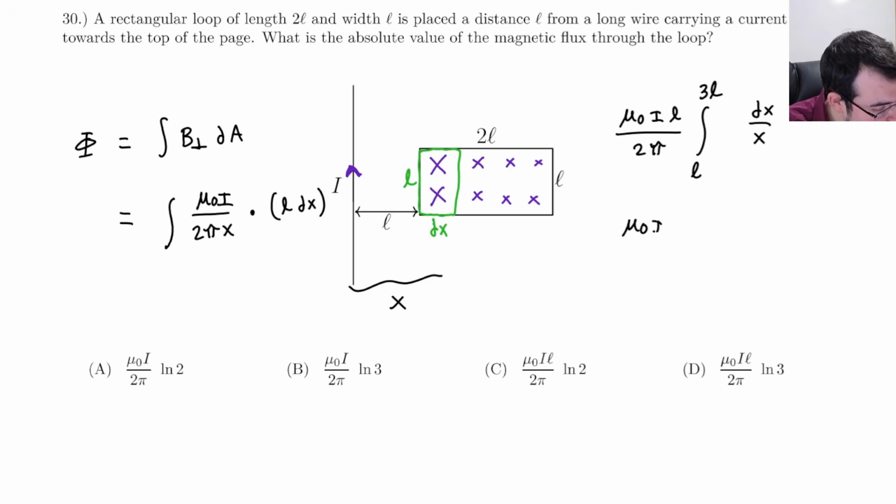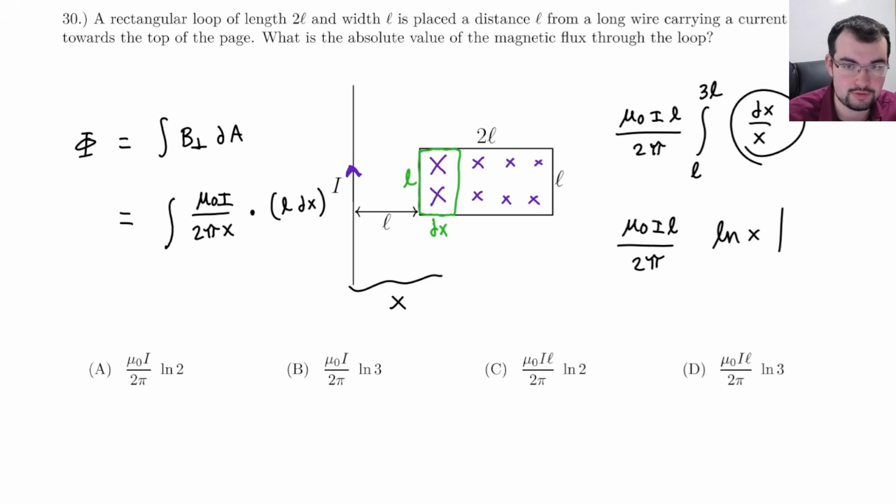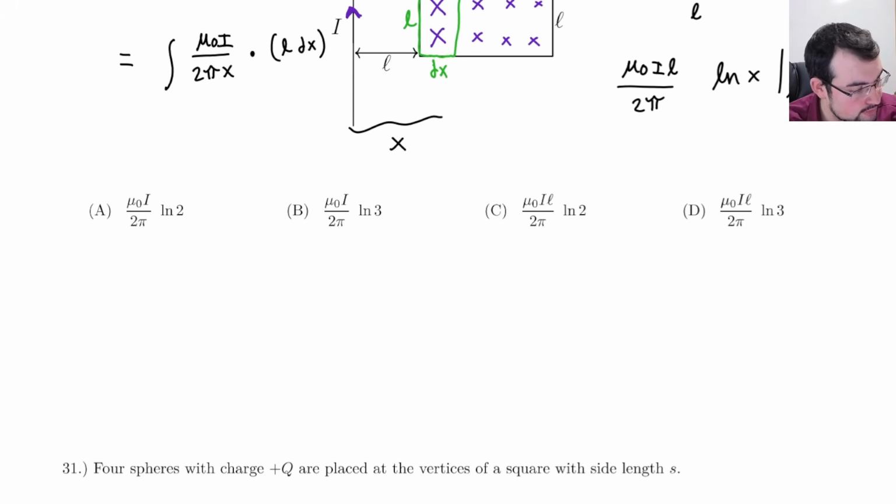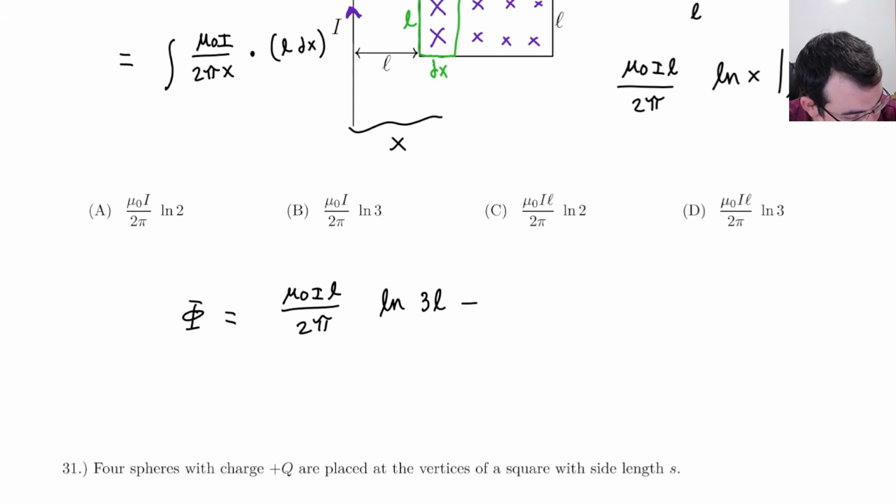So we get mu naught I L over 2 pi times natural log of x, right? 1 over x is special. That goes from L to 3L. So we'd get flux phi is equal to mu naught IL over 2 pi times ln 3L minus ln of 1L.